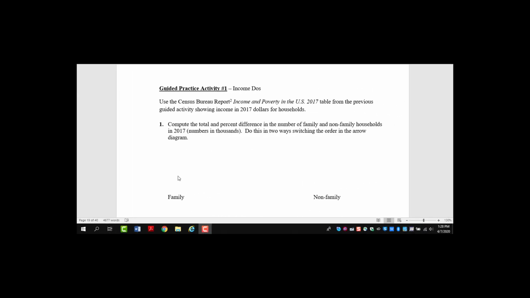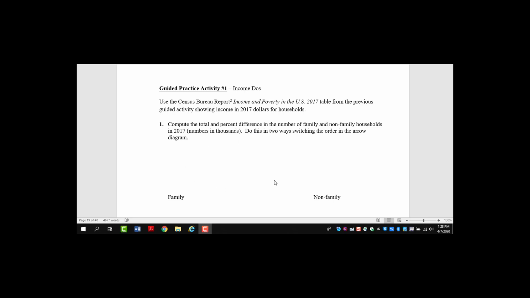So, okay, we're looking at two different things here, family and non-family. It says compute the total and percent difference in the number of family and non-family households in 2017. The numbers will be in thousands. Do this in two ways by switching the order in the arrow diagram.